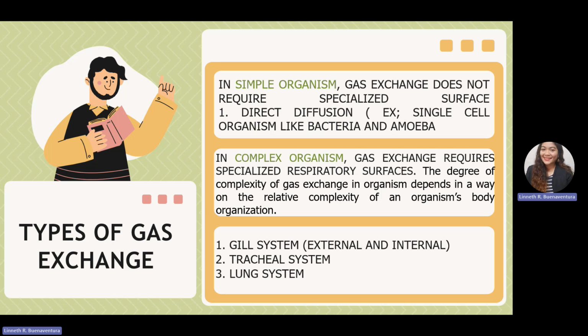Most of them use direct diffusion, wherein the carbon dioxide is released and oxygen enters the body. One example of direct diffusion are single-cell organisms like bacteria and amoeba. They do need oxygen, but they don't need a nose, pharynx, or larynx.